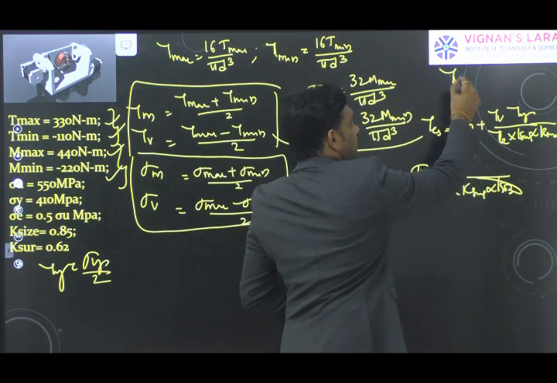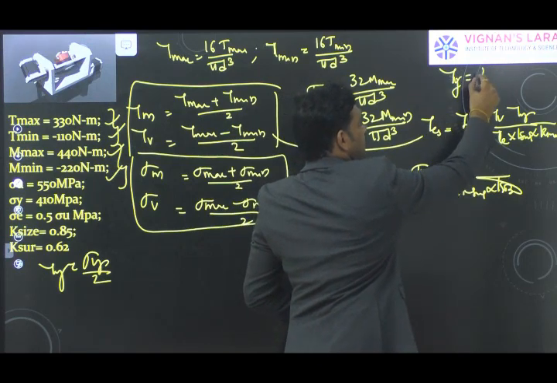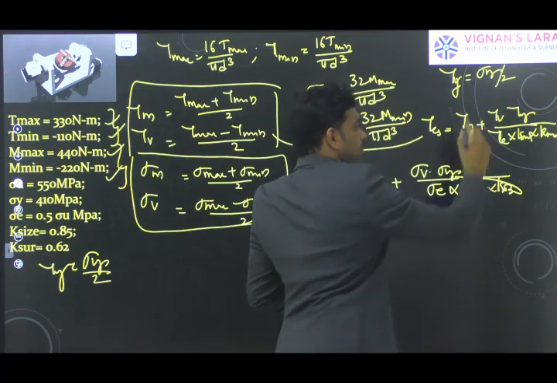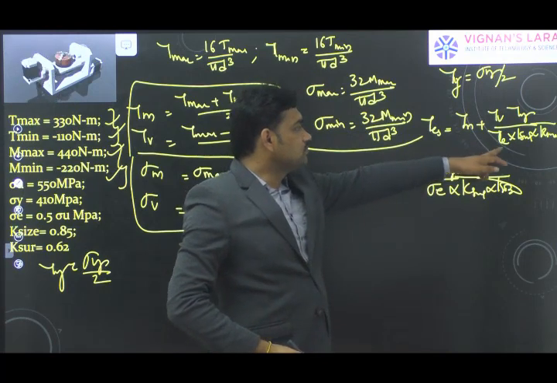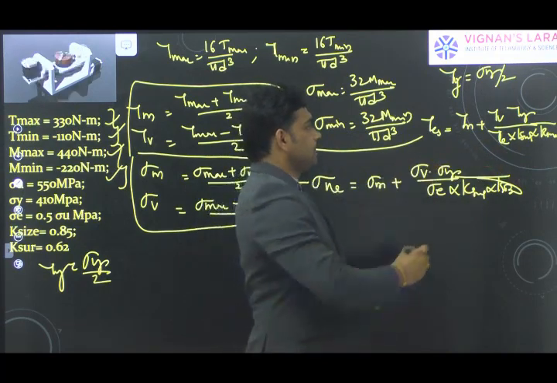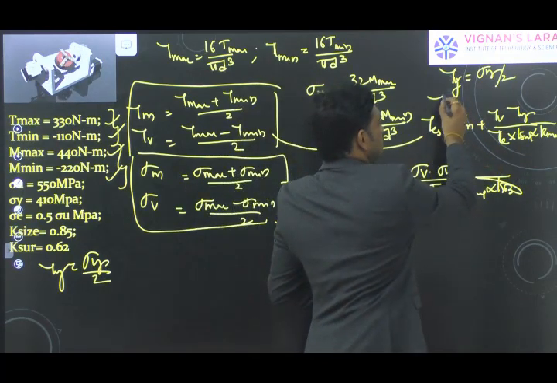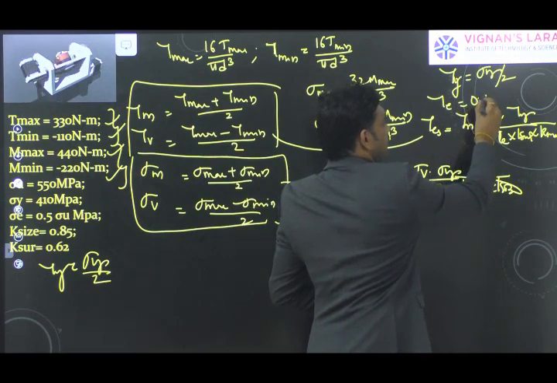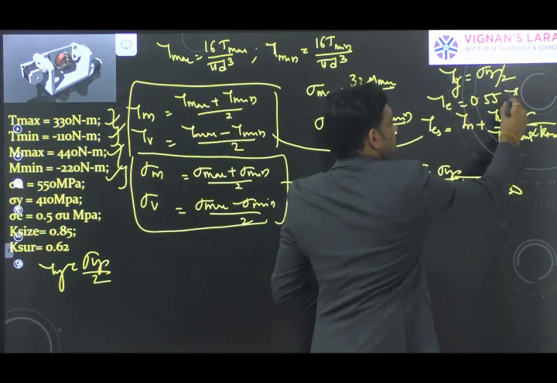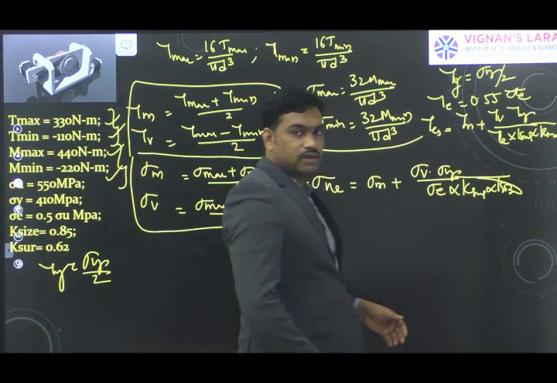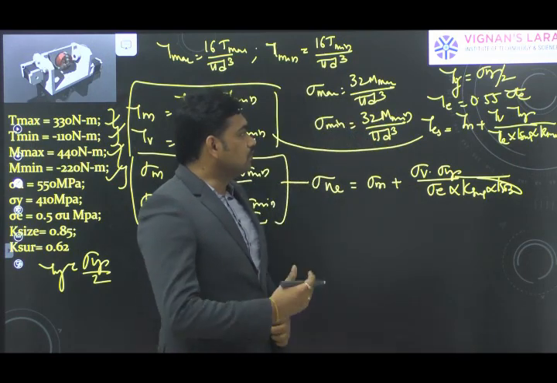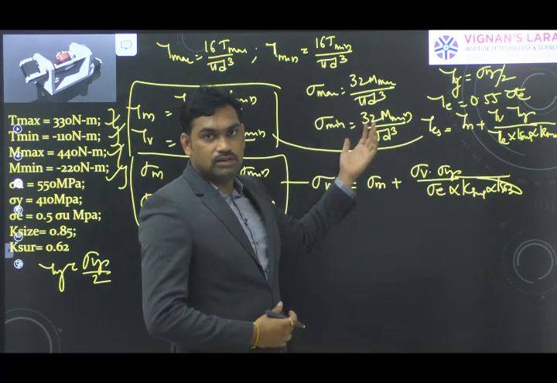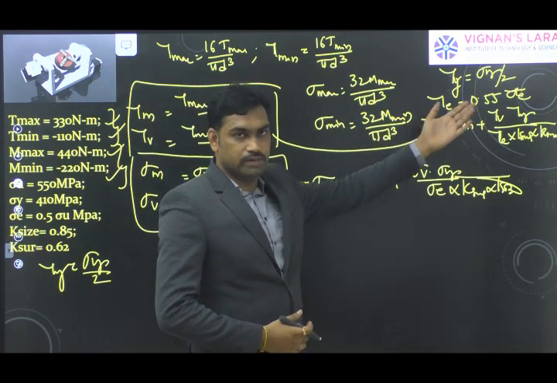Here I can write tau y equal to sigma y by 2, and derating factors are given, and tau e you can get using the relation tau e equal to 0.55 times sigma e. So there is a relation between the normal endurance strength and the endurance strength in shear: 0.55 times sigma e.